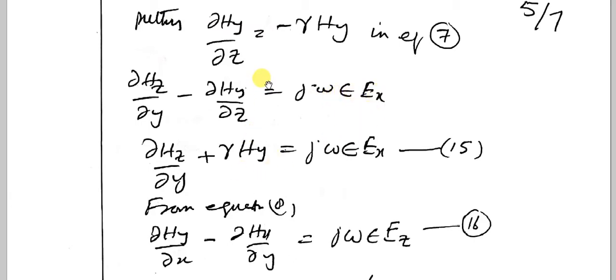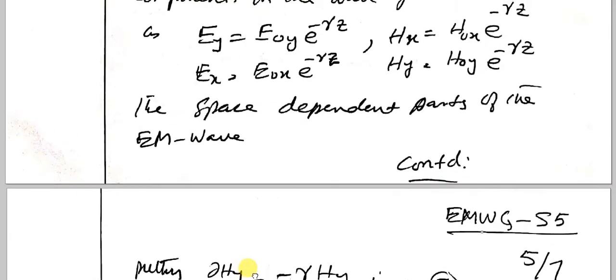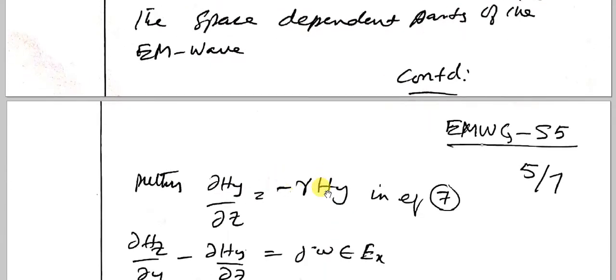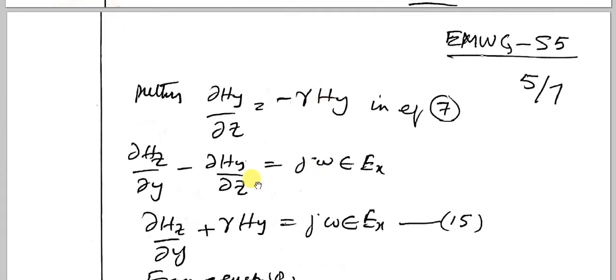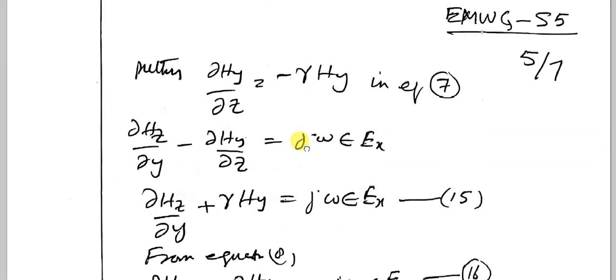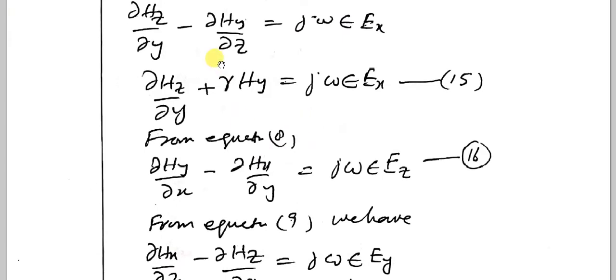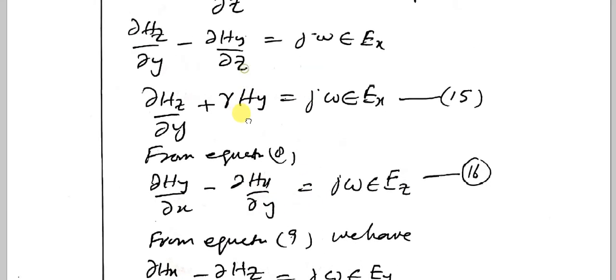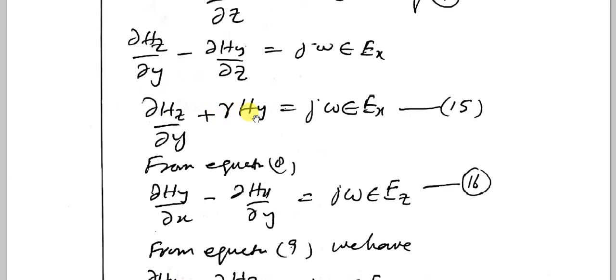Since we have already defined Hy, when we differentiate it we get minus gamma Hy. We put that in equation number 7. We get delta Hz by delta y plus gamma Hy, because the minus comes from here, is equal to j omega epsilon Ex. This is equation number 15.